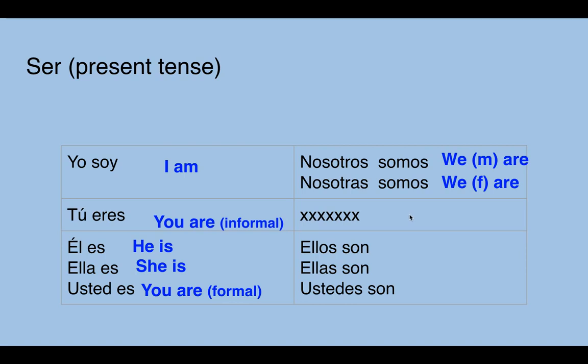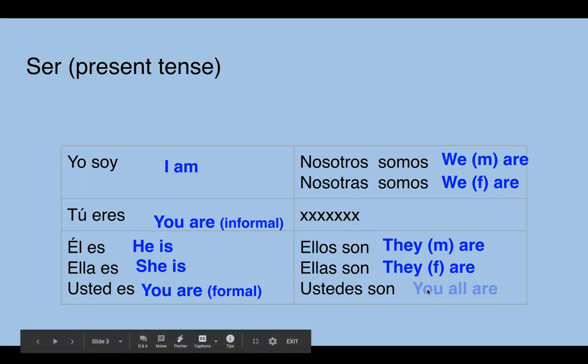Vosotros is the informal you all used just in Spain, which we are not learning. Ellos son, they are. Once again, the M stands for a masculine group, all guys, or mixed gender group, boys and girls. Ellas son, they are. The F standing for feminine, so it's all girls. Ustedes son, you all are.